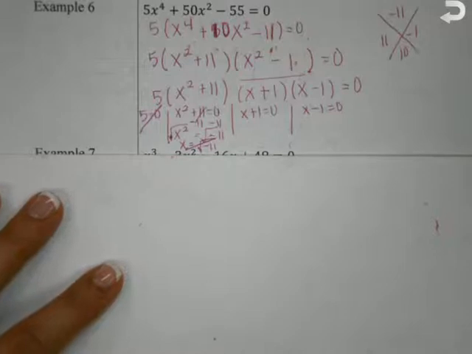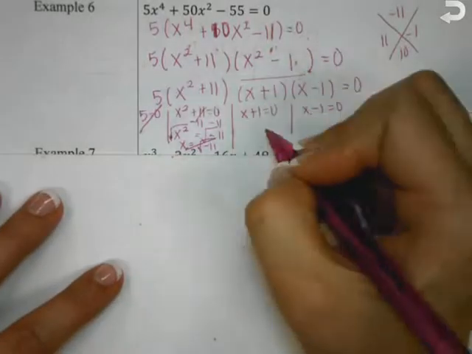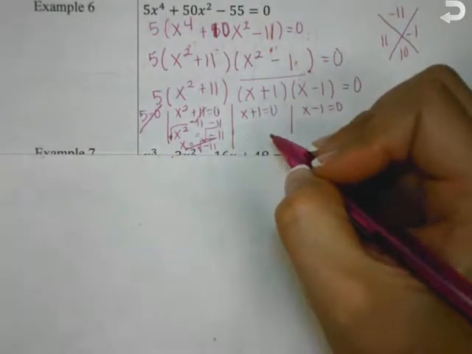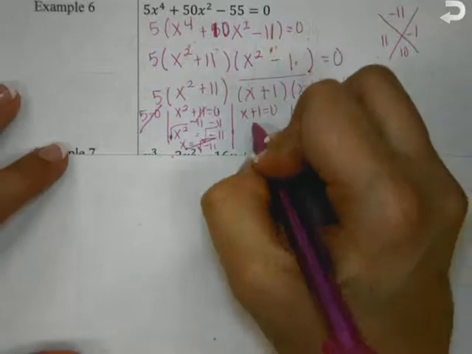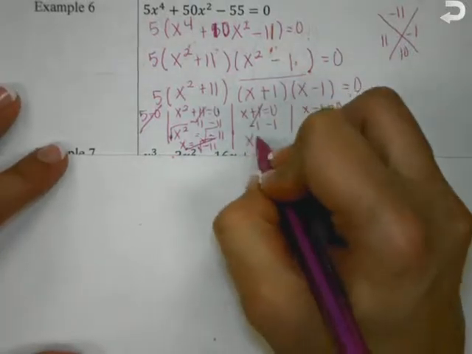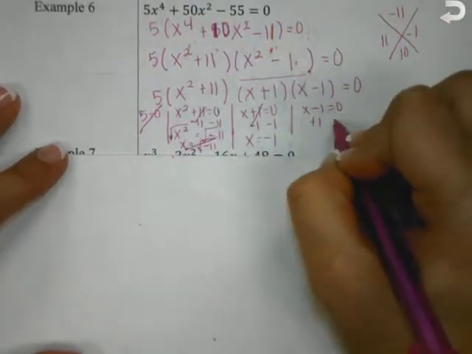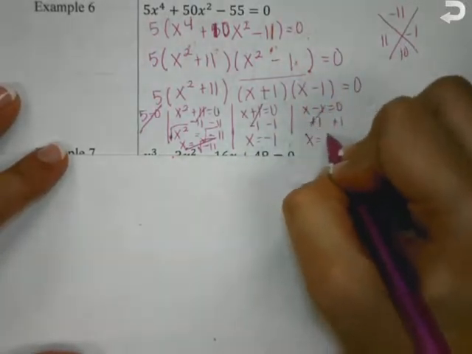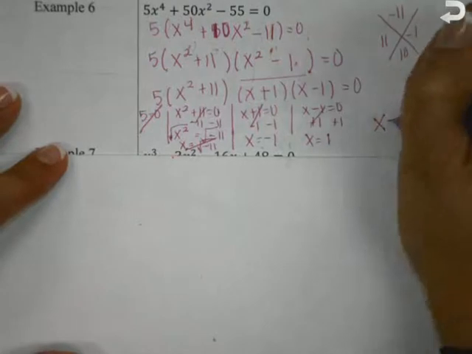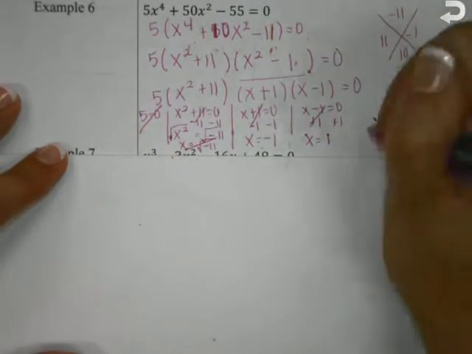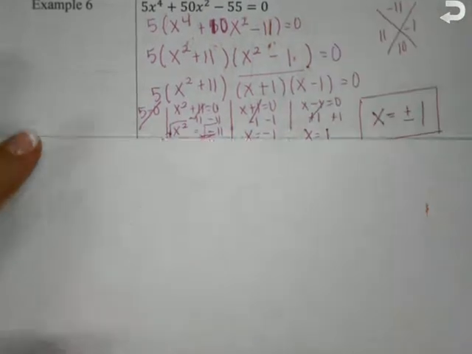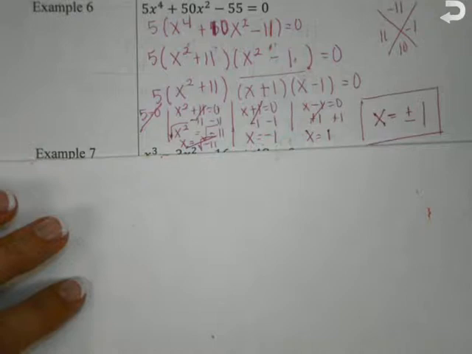Subtract 1 from both sides, so we get x equals -1, and add 1 to both sides, so x equals +1. So my answer is plus or minus 1. So it's very important to make sure that you ask yourself if your answer makes sense, because you could get some answers that are not possible.